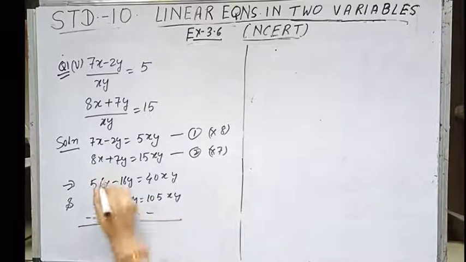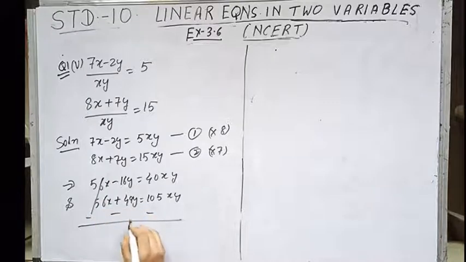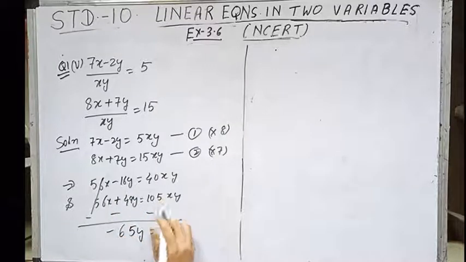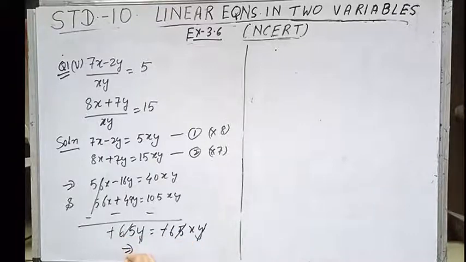Subtraction, these two cancelled. 49 and 16 is 65, so -65y = -65xy. This y, 65, and minus cancelled. This implies x = 1.